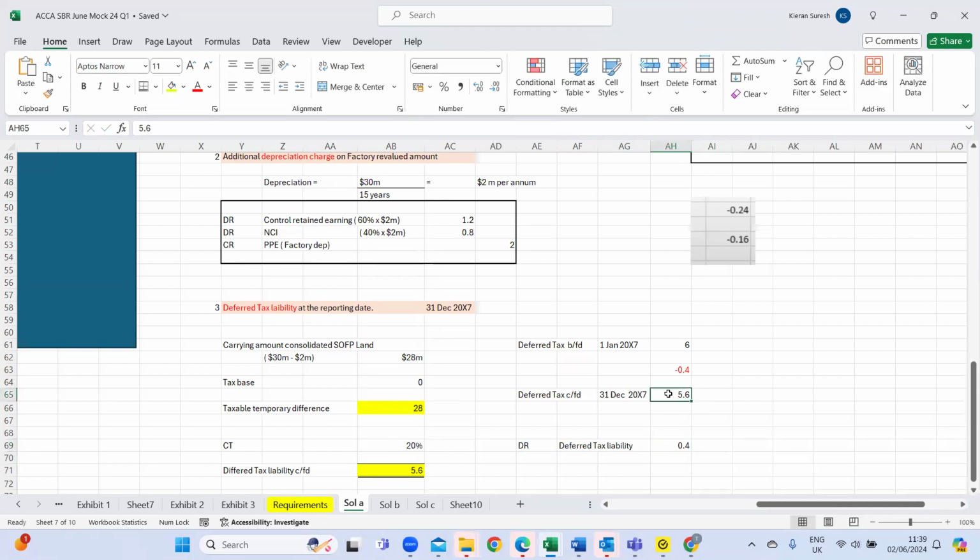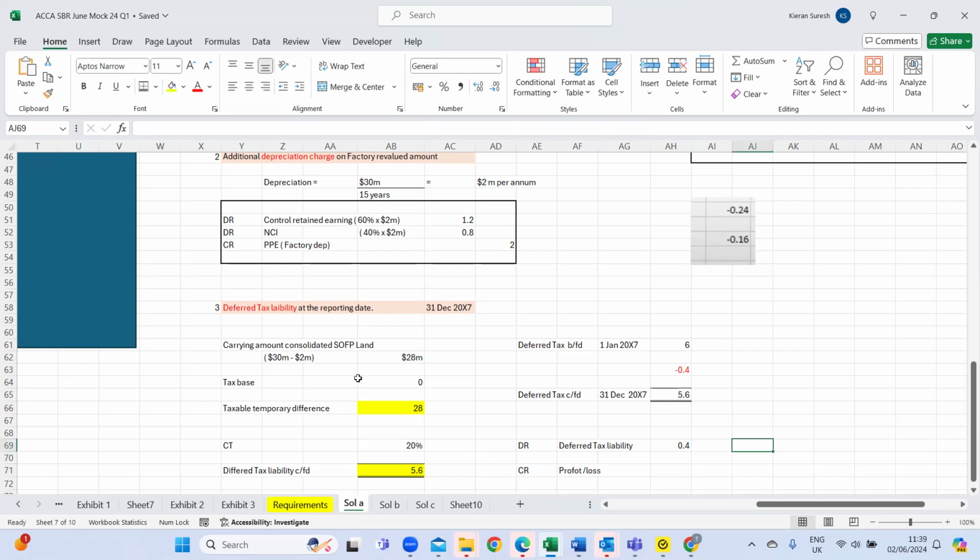It was here, now it will become this. Then, if there is no subsidiary or anything involved, only one company, generally we would have credited the profit and loss account. This is what we would normally have done.